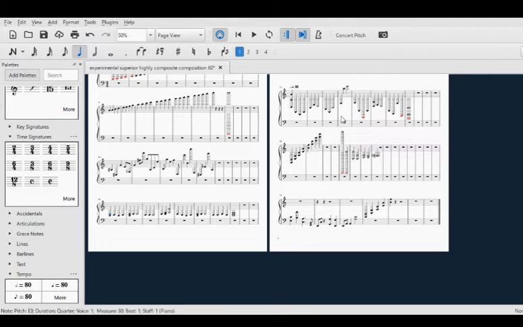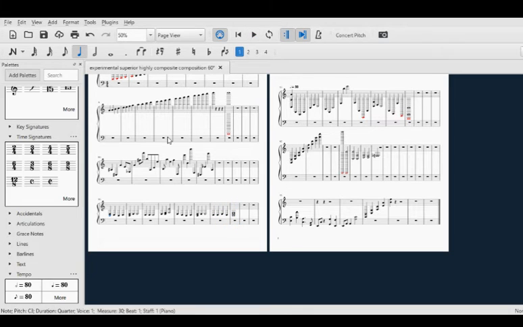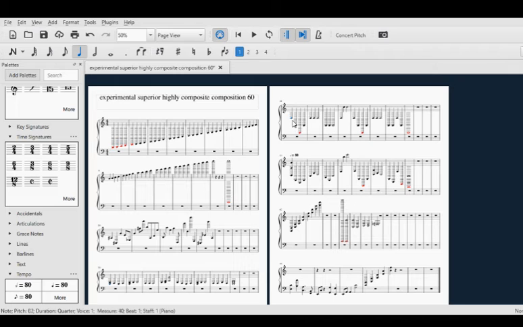I'll change it back to regular equal temperament. Just good old Mary Had a Little Lamb.